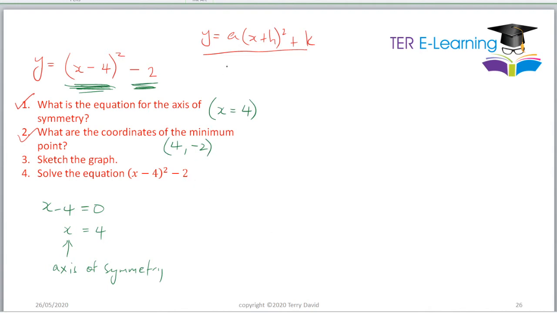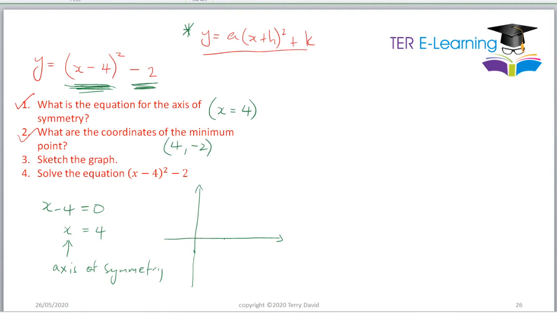Also, if we write a quadratic in this format, I can easily sketch the curve. I don't know what the roots are, so I'm not sure exactly where it's going to cut. But I know what my minimum point is.